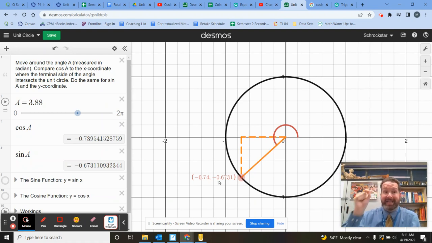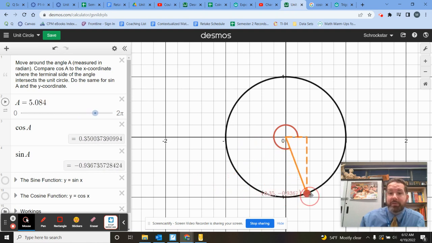We're defining the sine and cosine of this angle, 3.88 radians, to be the coordinates of this intersection, which this time are these two numbers. You can continue that around. Here in quadrant 4, I'm to the right, so my cosine is a positive number. I'm down below the x-axis though, so my sine is a negative number, and there you go. And around the circle you can go, just like that.